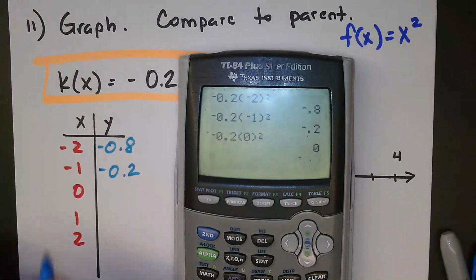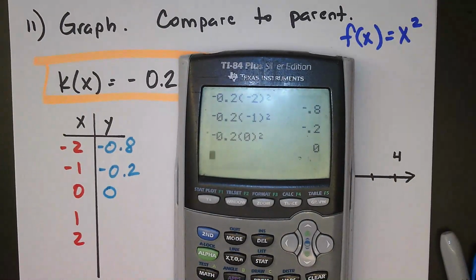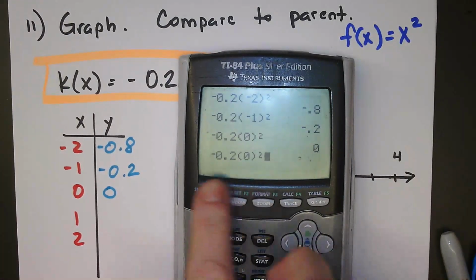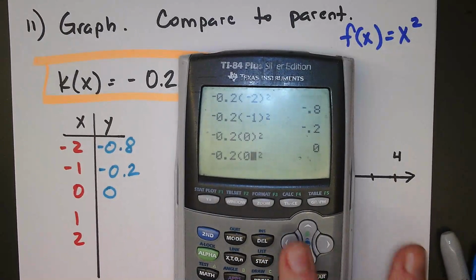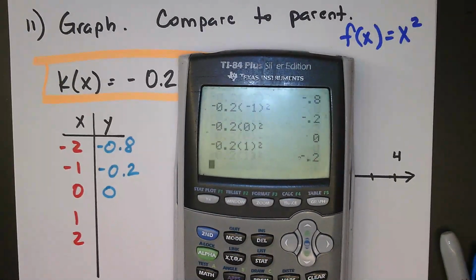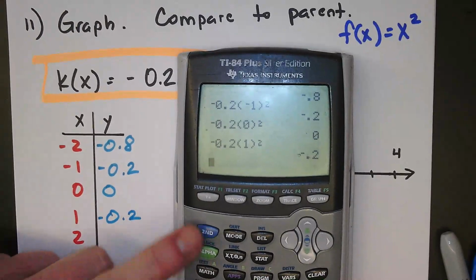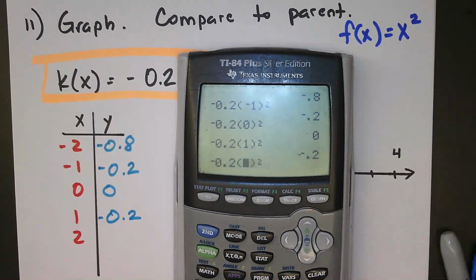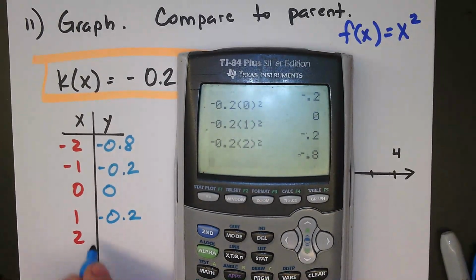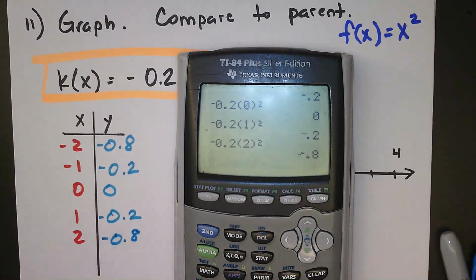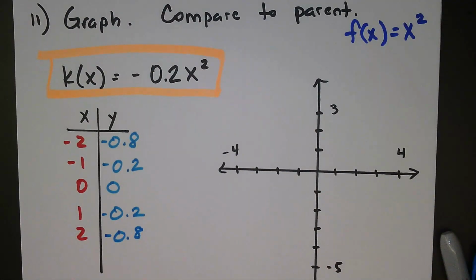Enter, my answer is 0. Now I can pull it back up, or on your calculators, you can just use the arrows to go back over. On mine, I have to pull it back up first. All right, so we got -0.2, and then pull it back up one more time. I'm going to input a 2, -0.8.